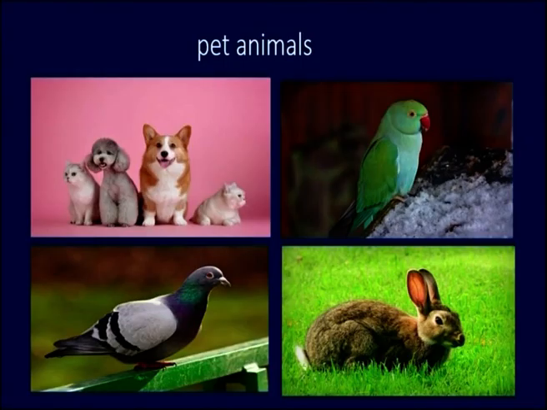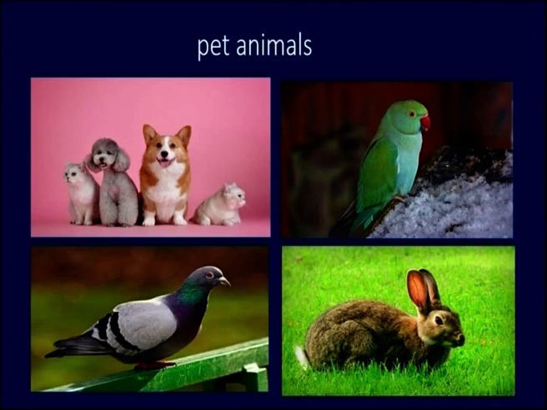We like to keep some of these animals with us as pets. Do you know what are pet animals? Animals which we like to keep with us for pleasure and entertainment are pet animals. Can you name some pet animals, children? These are the pictures of pet animals. Can you name the pet animals?